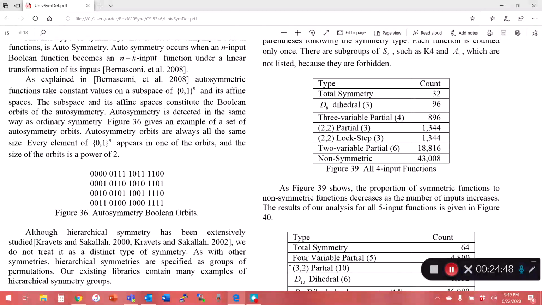The way I get a coset is I take the kernel and add an arbitrary vector to it. Sometimes I'll get the same thing back, sometimes I won't, and sometimes I'll get several duplicates. But eventually, if I do this for every n-input vector, I'll end up with the kernel and its cosets.